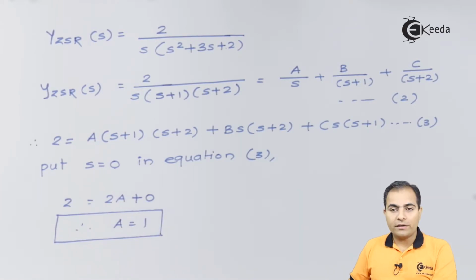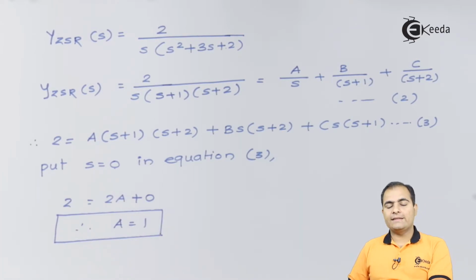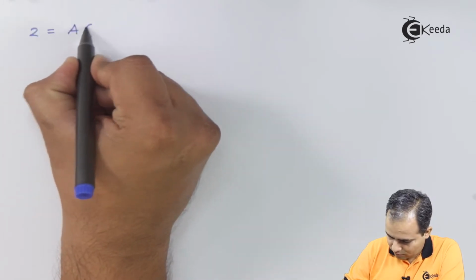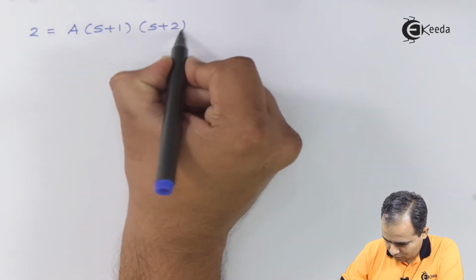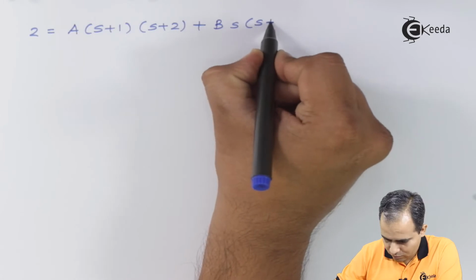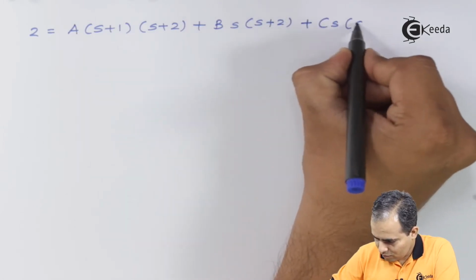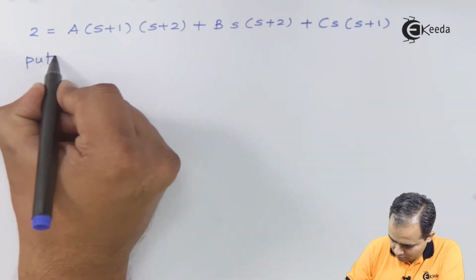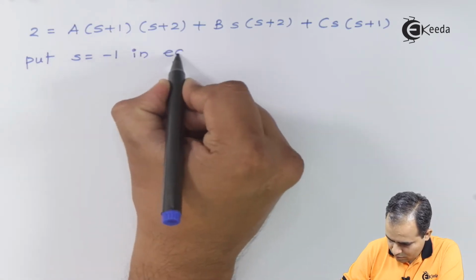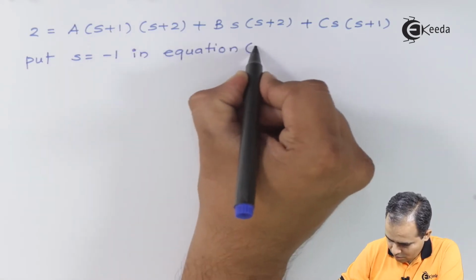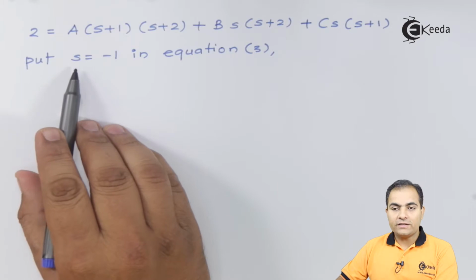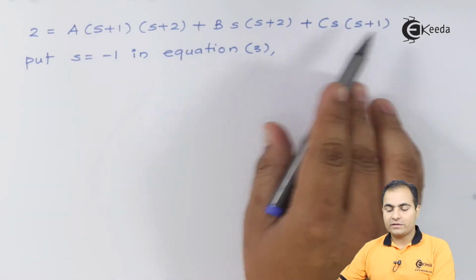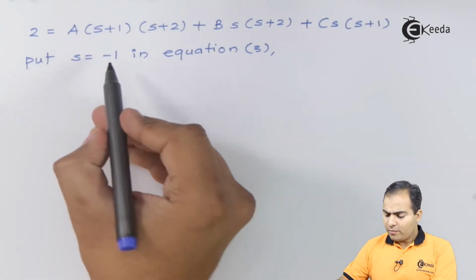Similarly, we are going to calculate the values of B as well as C. Now, I am going to substitute S equals to -1 in equation number 3. This was our equation number 3. But look at here.